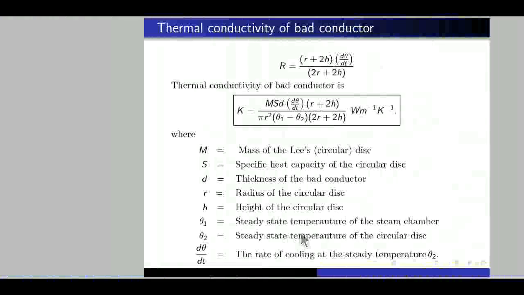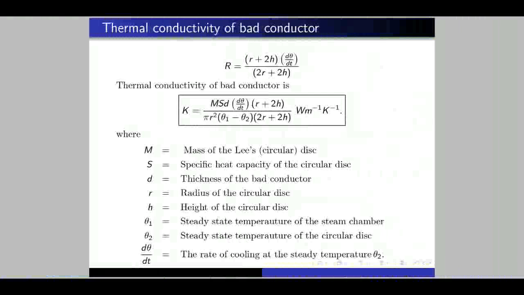From this we can find the expression for R, and we substitute that in the previous equation for K, and we can get the thermal conductivity of the bad conductor: K is equal to m s d into d theta by dt at theta 2 and r plus 2h, divided by pi r square into theta 1 minus theta 2 times 2r plus 2h. The unit of thermal conductivity of the bad conductor is expressed in watt per meter per Kelvin.